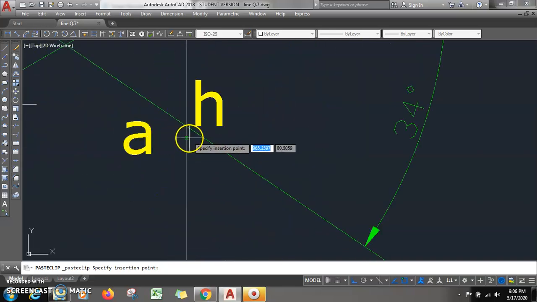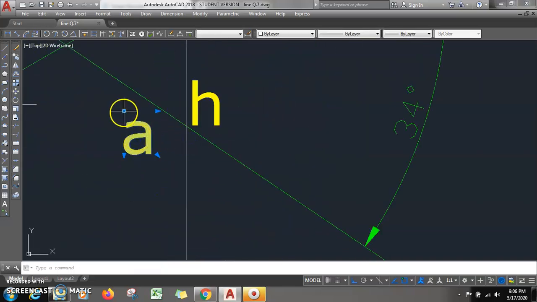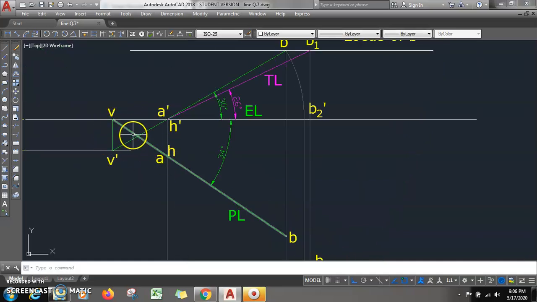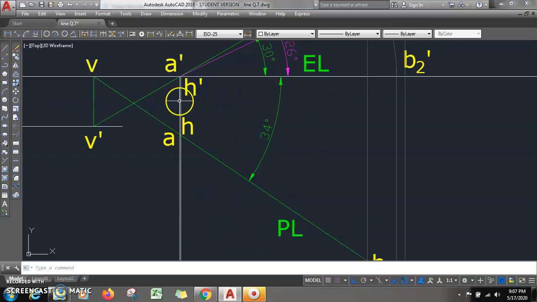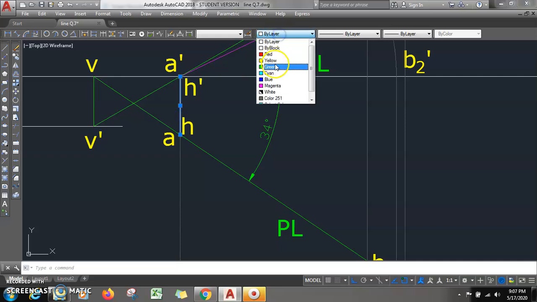You see, H, V, A, B, they lie on same line inclined at angle beta, and E dash, B dash and H dash, they lie on same line inclined at angle alpha. Okay? So if you have a look, this is your complete solution, and this H dash H, this length is your HT. You see, this length is your HT.